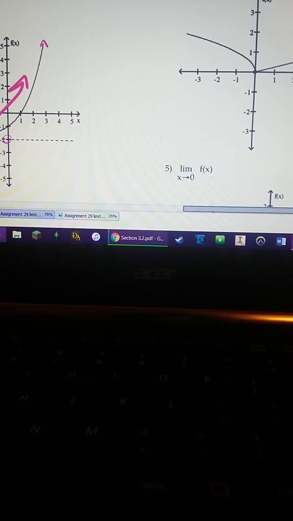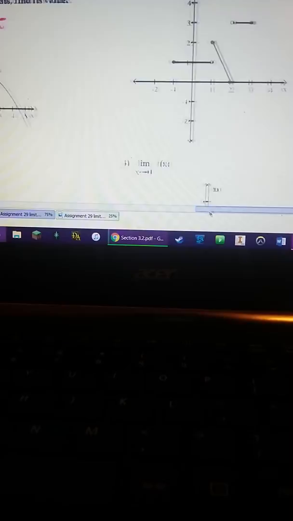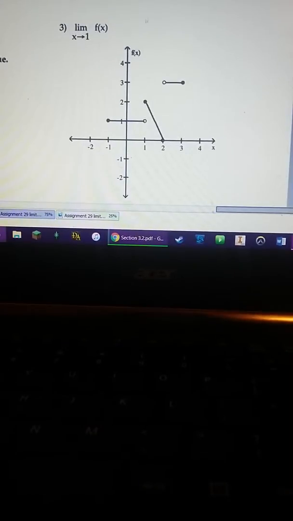And I hope I'm getting all these right, I'm sorry if I'm not. Okay, this one. Find the limit of f of x. Oh, you guys can't see that, can you? Let me pull that up. Okay, find the limit of f of x when x approaches 1. So, this line, as x approaches 1, is at 1.